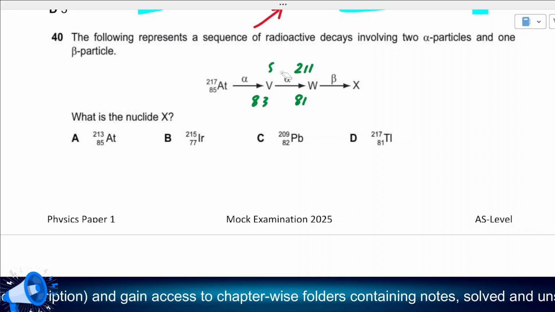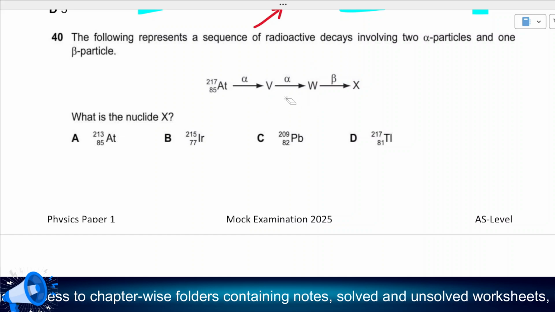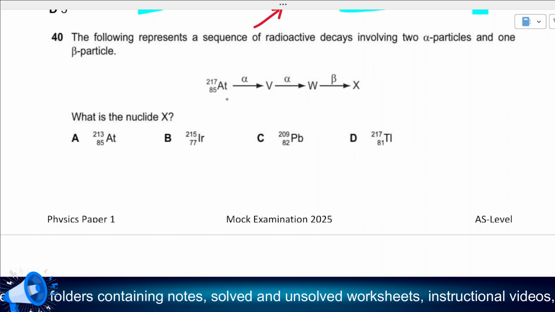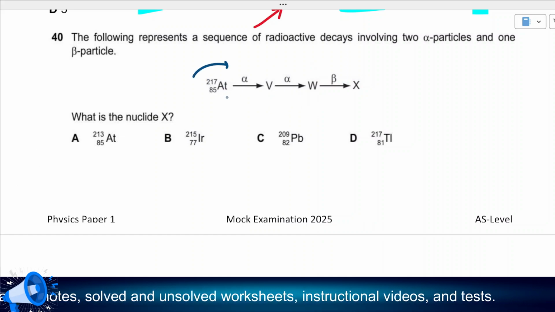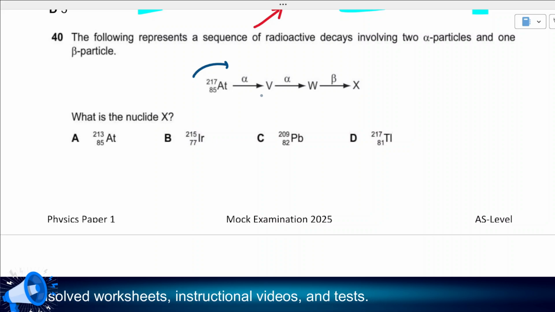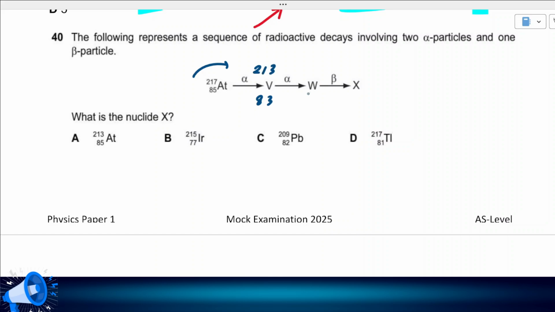Sorry. From the first one, if alpha particle is released, there would be a deficit of 2 for the atomic number, so it would be 83 here. The atomic mass should have a deficit of 4, so 213 here.